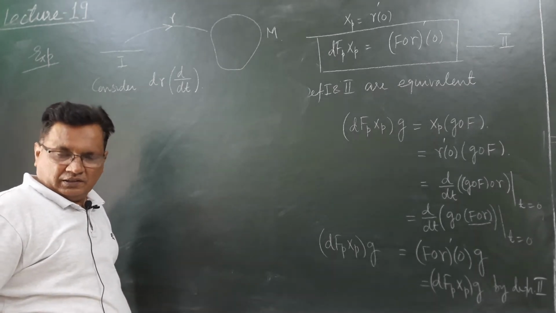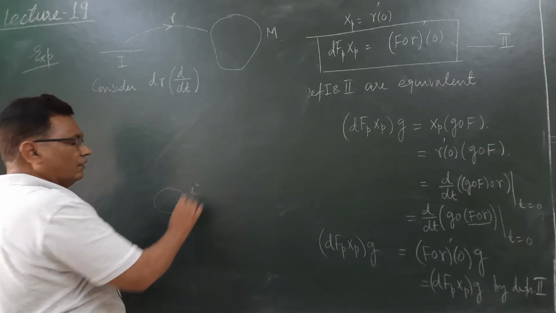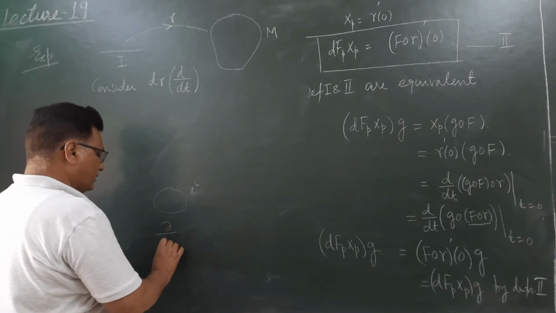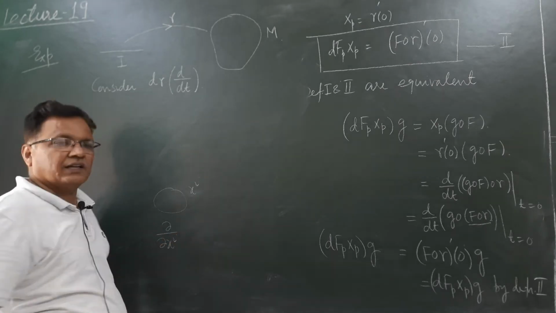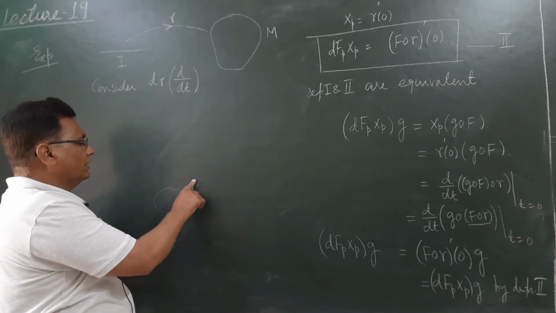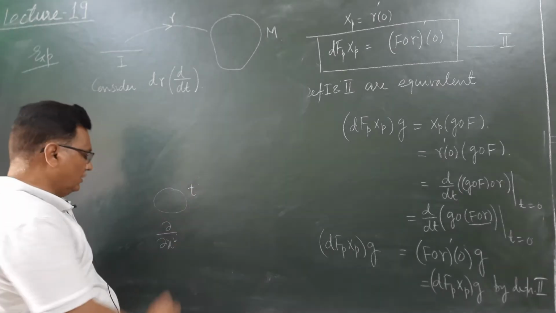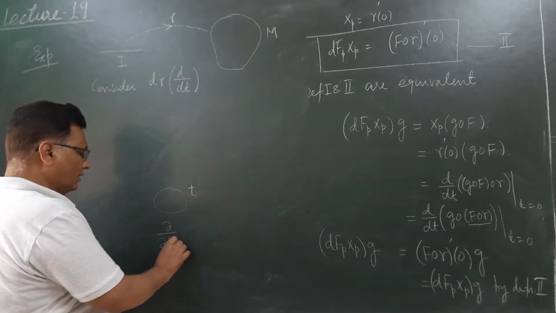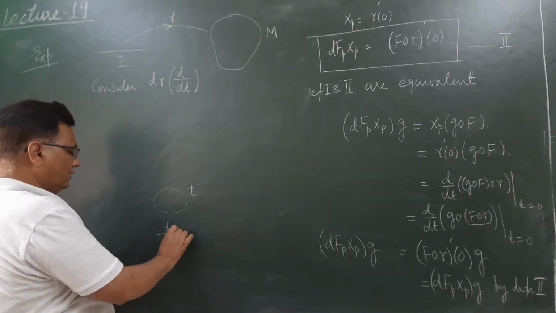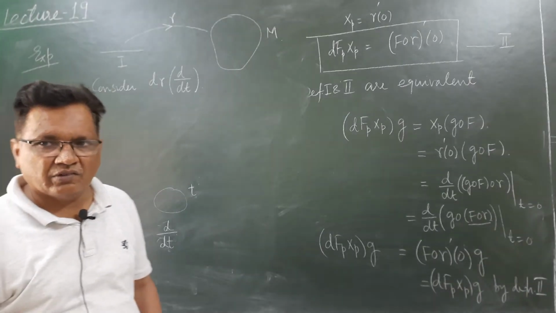Yes, in fact, if you have a local coordinate system x_i on a manifold around some neighborhood, then the basis vectors are del by del x_i. If this is a one-dimensional manifold, then x_i will not be many, just one, t, and this becomes d by dt. Instead of del, since there is now only one variable, we write d. So a typical tangent vector on a one-dimensional manifold is d by dt.